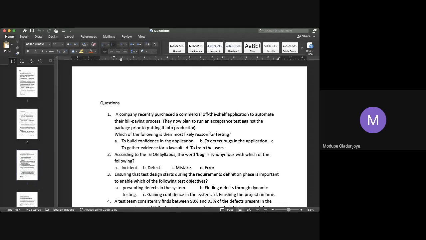Okay, so now, looking at your Excel sheet, we'll read out the question and then you answer. A company recently purchased a commercial off-the-shelf application. When they say commercial off-the-shelf application, do you understand what it means?